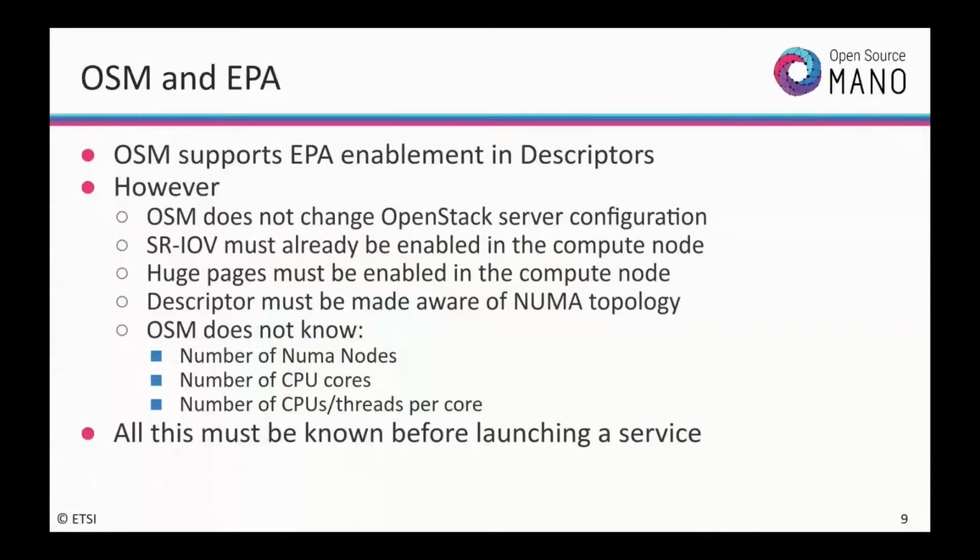OSM will not be able to discover anything about the number of NUMA nodes, the number of CPU cores, the threads per core, the topology of the PCI bus. So OSM is not going to be able to tell you, oh, NIC number 1 is physically attached to CPU number 1. These are things that you're going to need to know in advance before launching the service.